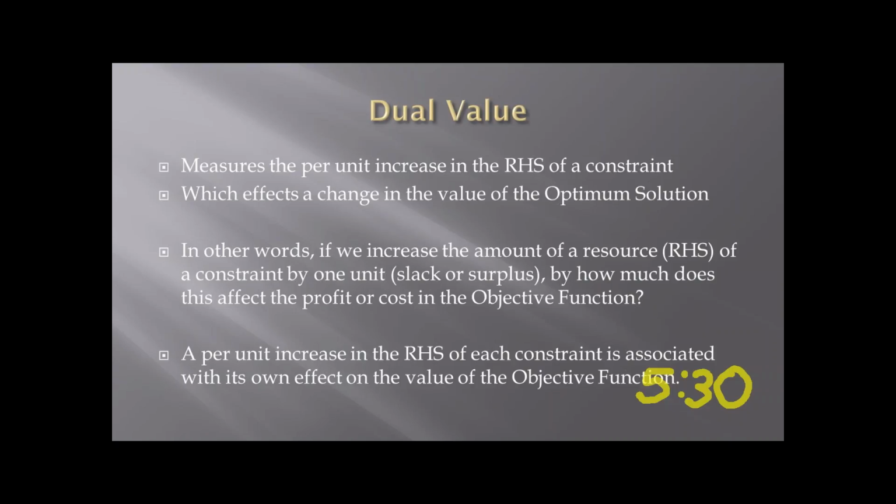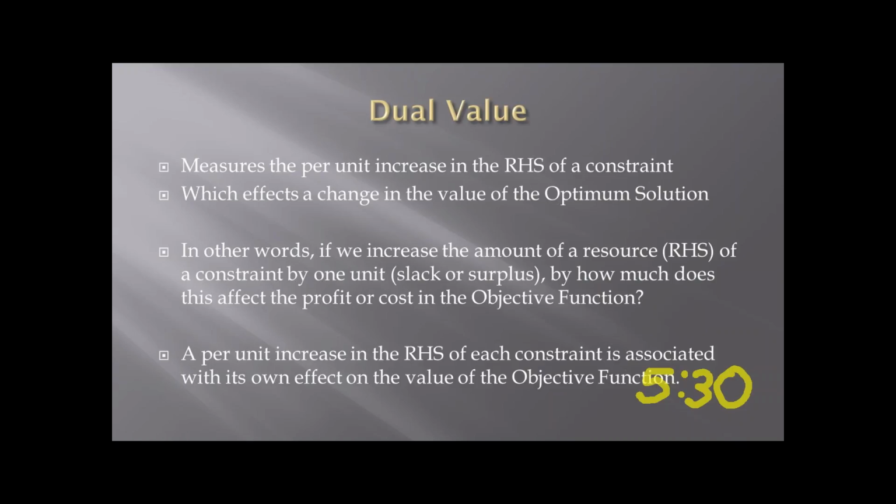Let's say in the Easy Rider and Lady Sports example, the first constraint had to do with engine building time. Let's say we increase that from 2,100 hours to 2,101 hours. How much does increasing the number of hours available by 1 hour, or 1 unit, change the amount of profit? That's what a dual value is.